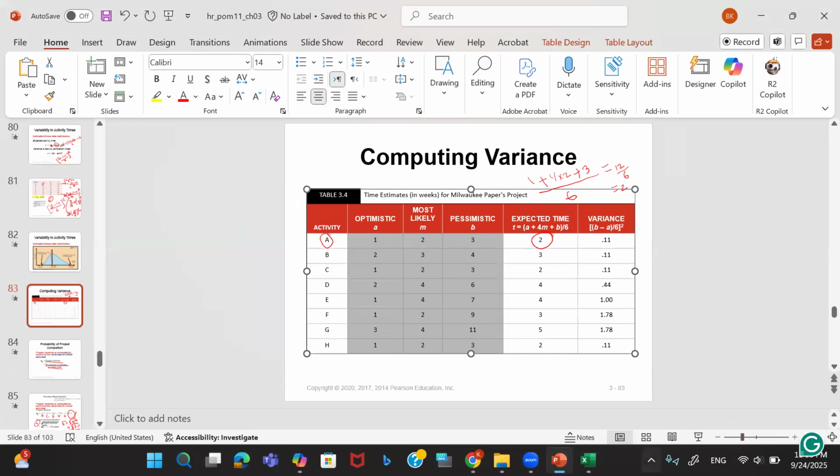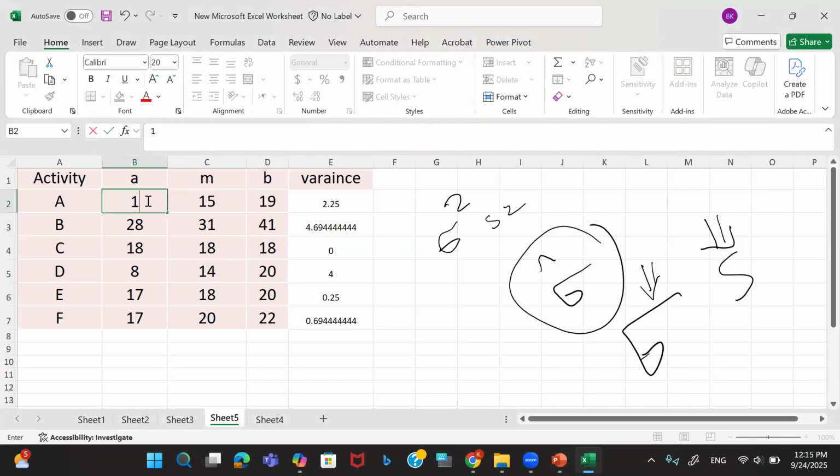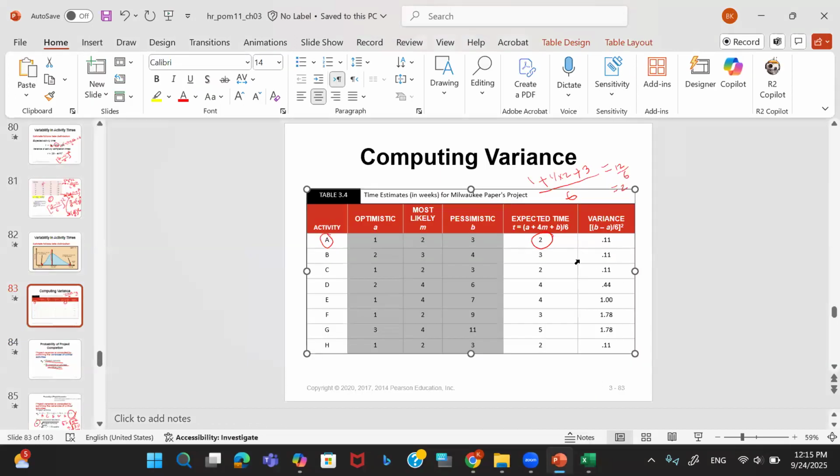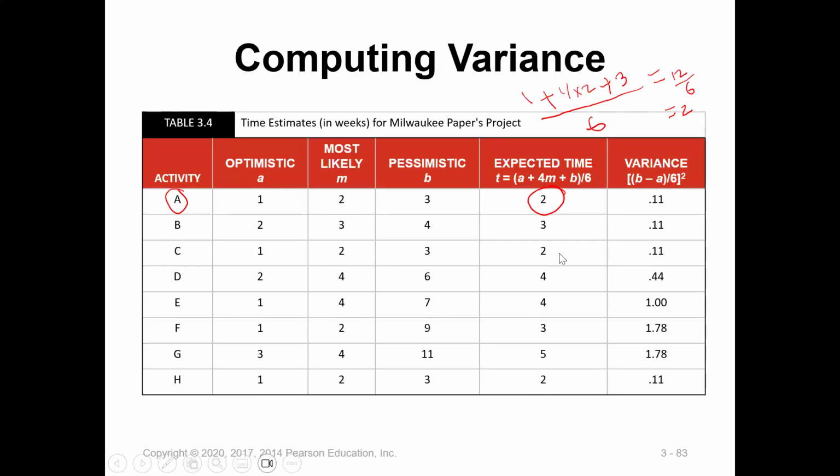I put 1, 2, 3. Yeah, it calculates the variance for the activity. I do the same thing for all activities. Now, since we have the variance for each activity, okay? So the 0.11 is the variance for activity A, the 0.11 for B, the 0.11 for C, the 0.44 is for D, okay?